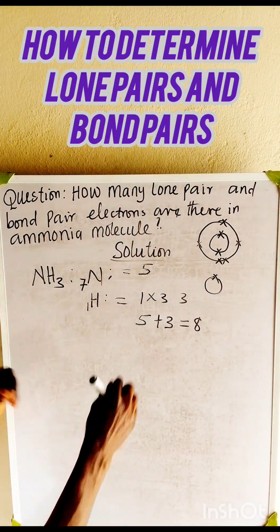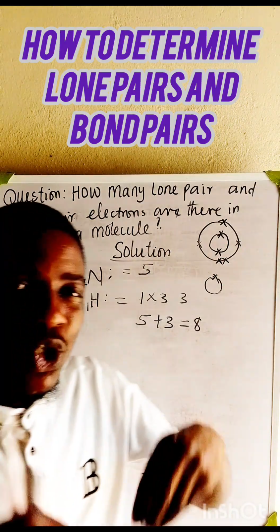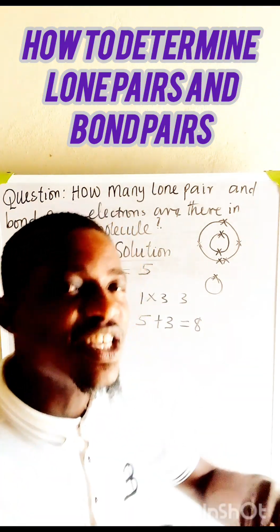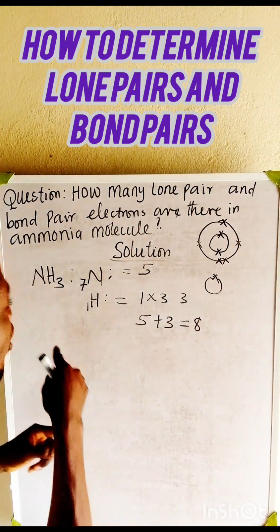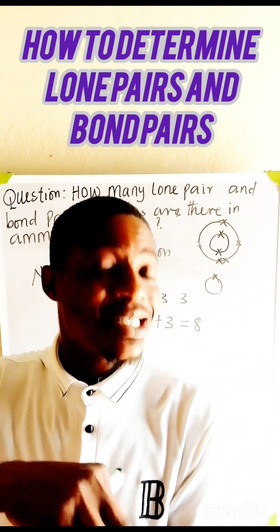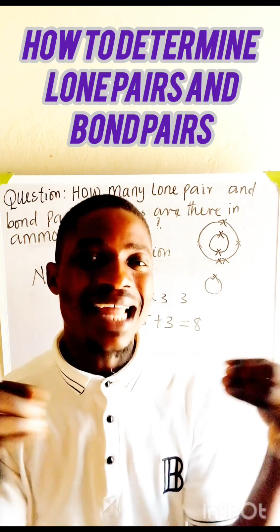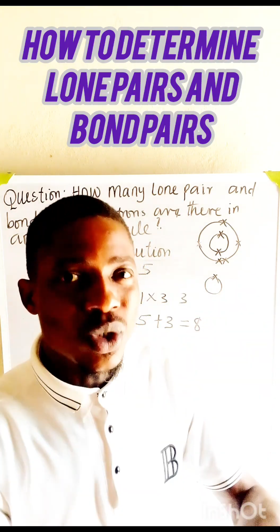After determining the valence electron, the next thing we want to determine is the central atom. Which of these elements between nitrogen and hydrogen do you think will be at the center? The element that will be at the center will be nitrogen. The hydrogen is only attached to the nitrogen.